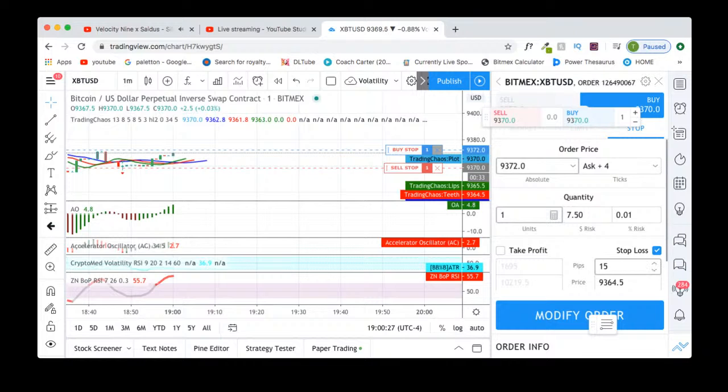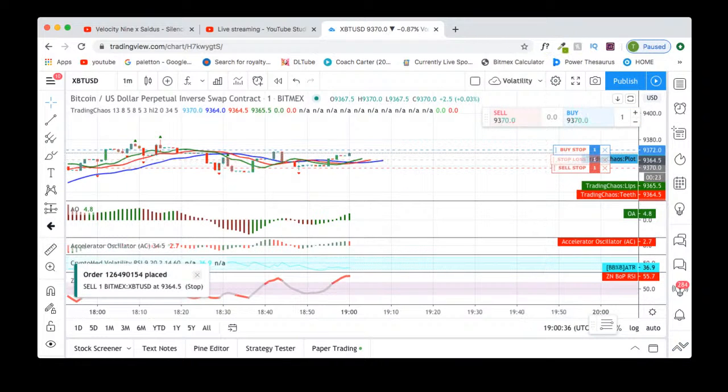Go ahead and place a stop loss here in case it breaks through the buy signal. Got a stop loss here. What I do is when it breaks through the buy, I move my stop loss.